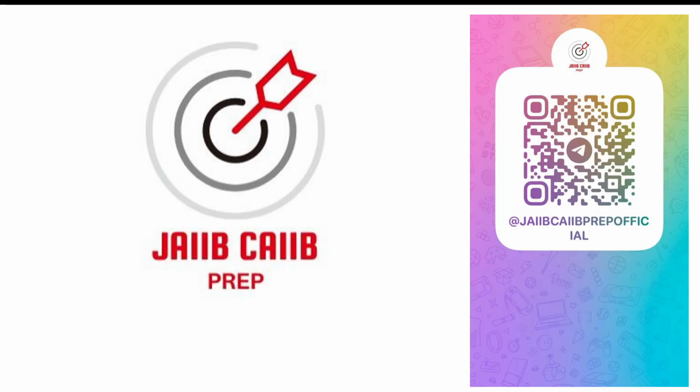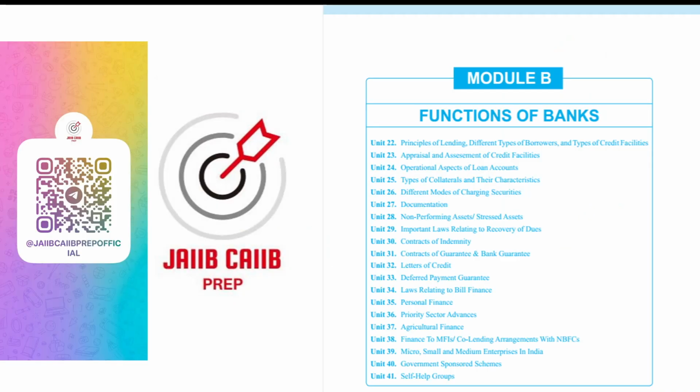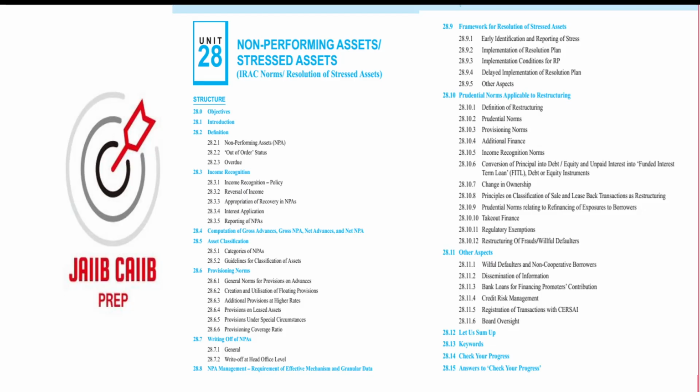In today's video, we'll discuss non-performing assets or stressed assets. So we'll cover unit number 28. In this particular unit, we'll understand what is a non-performing asset, we'll understand about income recognition policy, how we compute gross advances, non-performing assets, what is an asset classification.